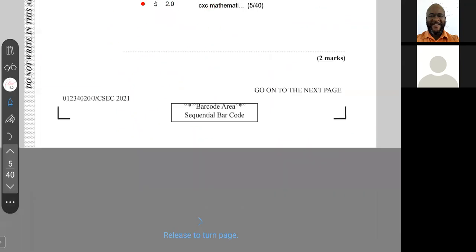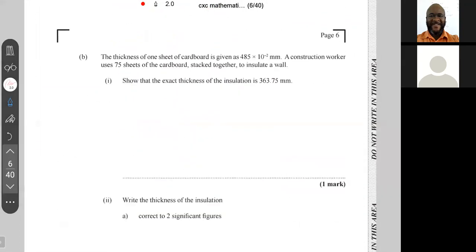Turning the page. Here we're told that the thickness of one sheet of cardboard is given as 485 times 10 to the minus 2. This says a construction worker used 75 sheets of the cardboard stacked together to insulate a wall.